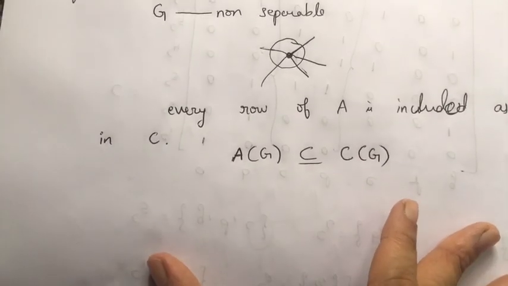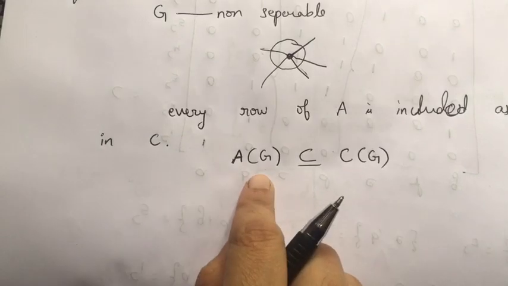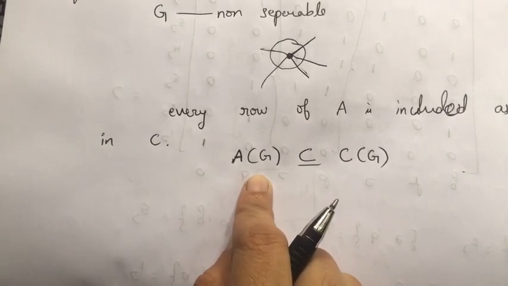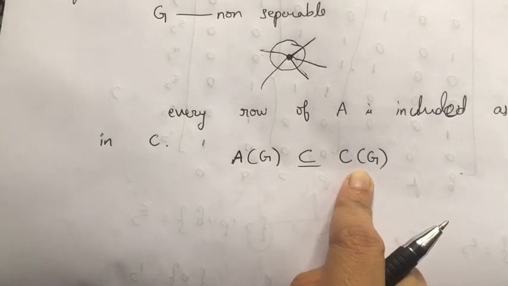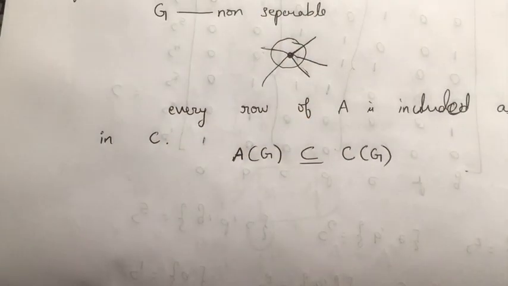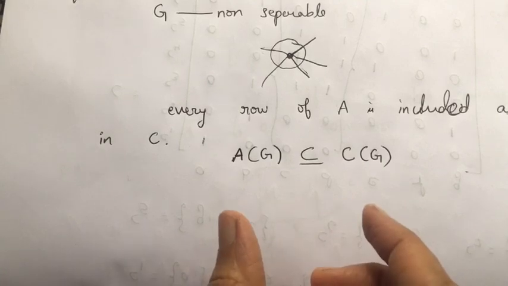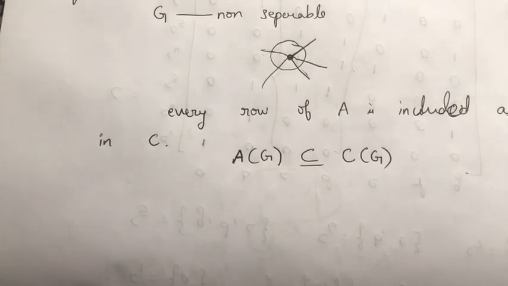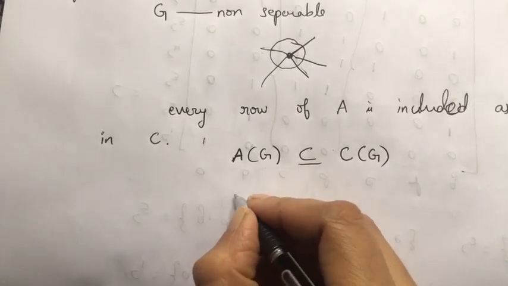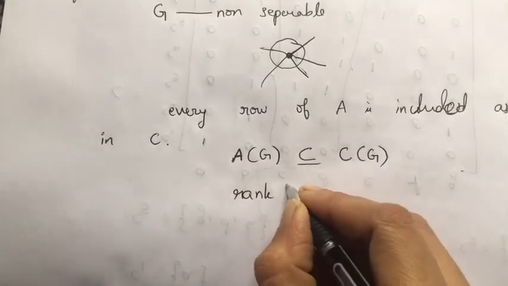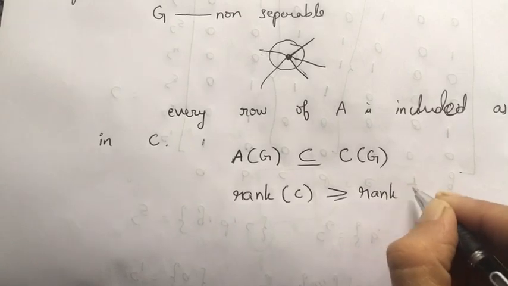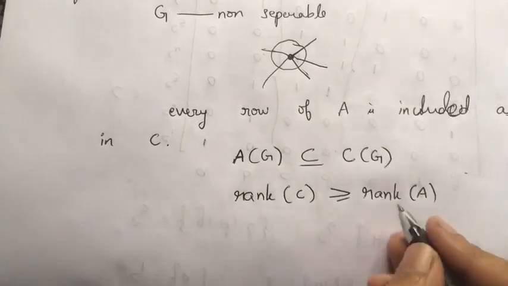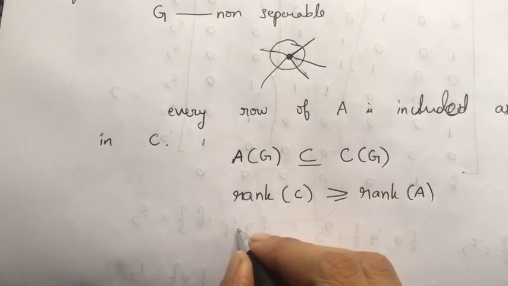And if I have a separable graph, then I can write its incidence matrix as a block matrix, and each block is contained in C of G. So I can write rank of C is greater than or equal to rank of A, and I know the rank of the incidence matrix is n minus 1.